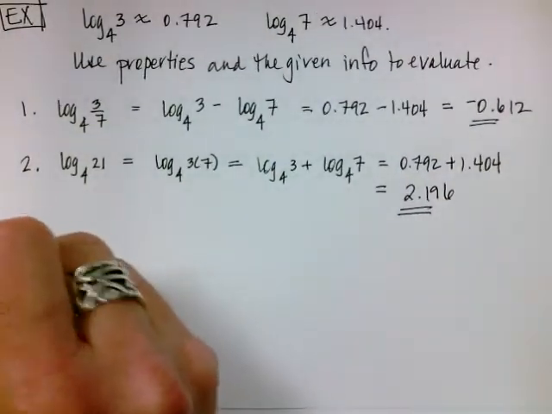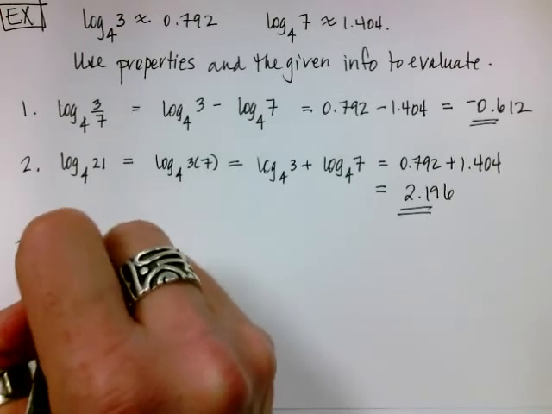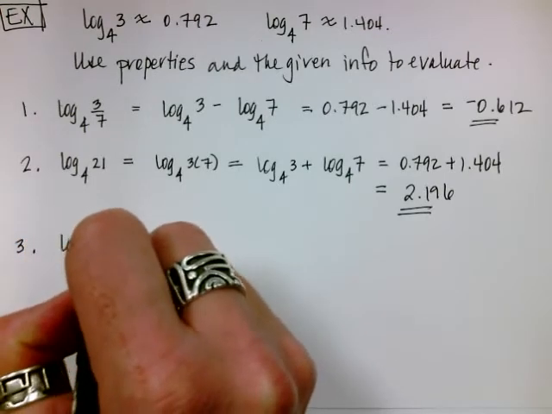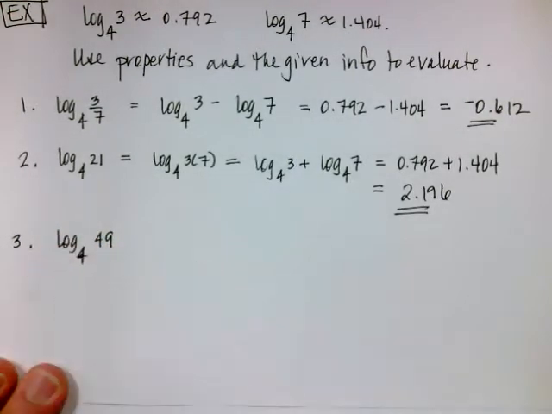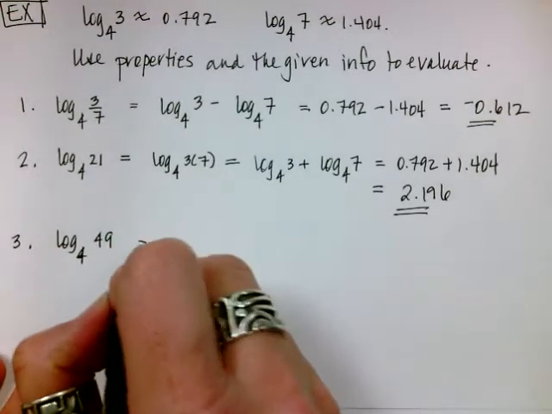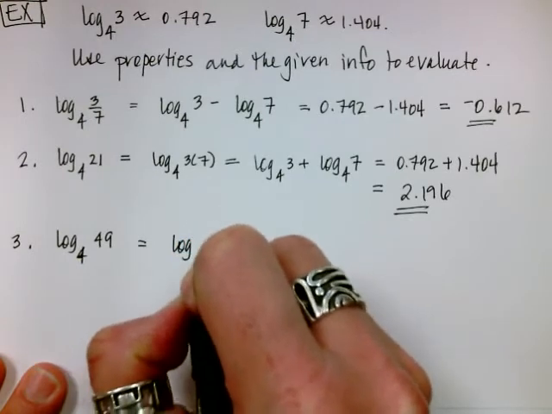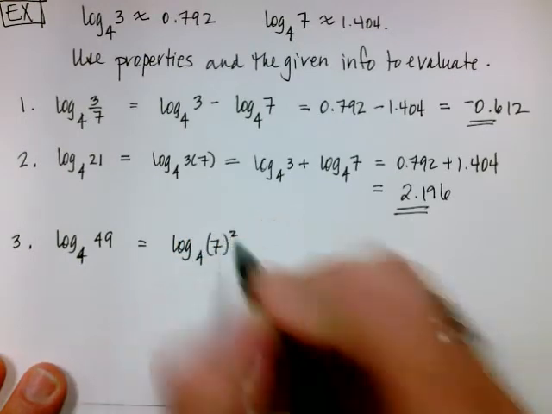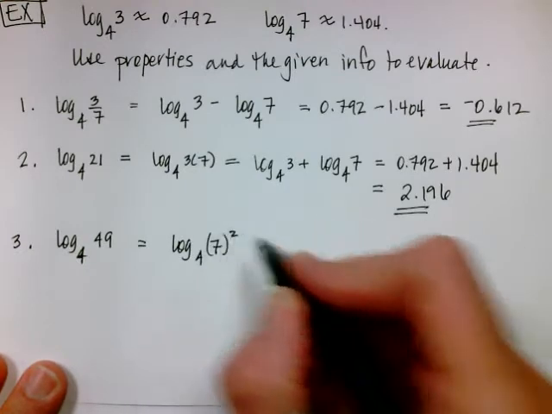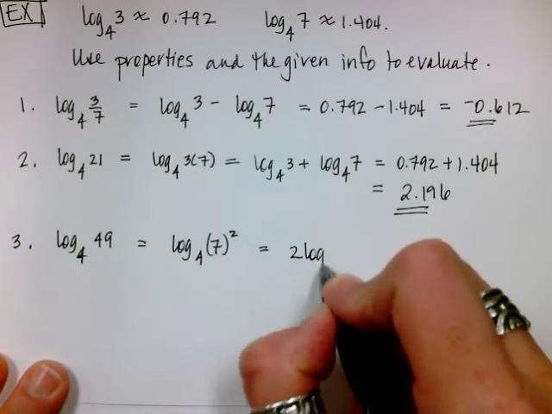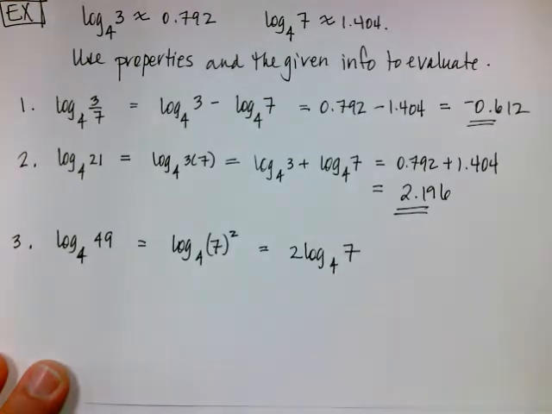All right, and then my last example on this one would be the log base 4 of 49. Well, 49 is 7 squared. That's actually 4, by the way. So I could rewrite that as the log base 4 of 7 squared, okay? And if I do that math, the exponent goes out front, so I would get 2 log base 4 of 7.